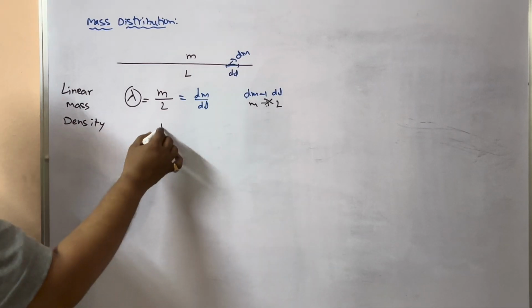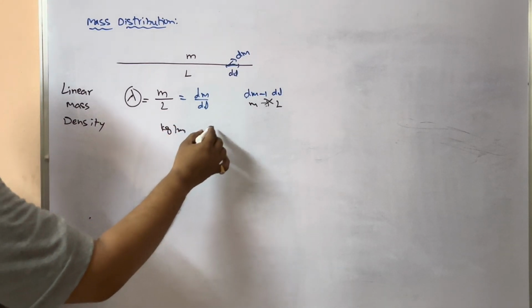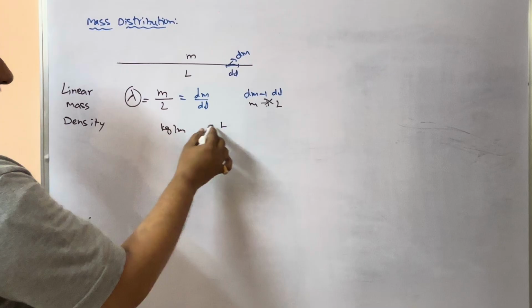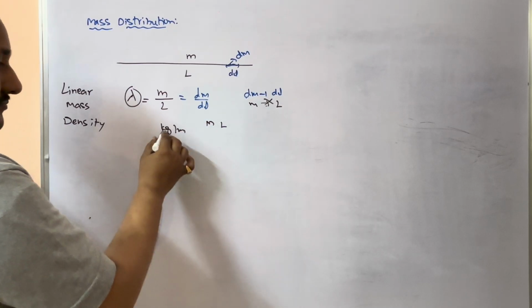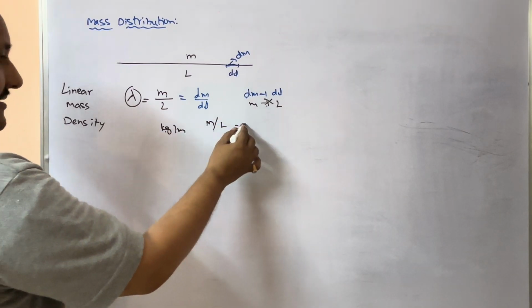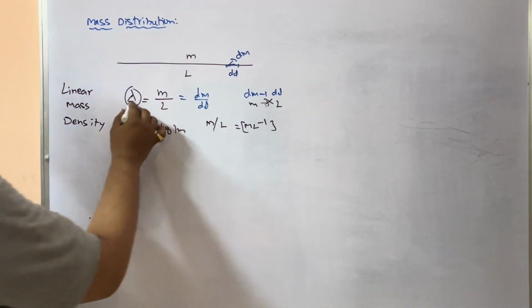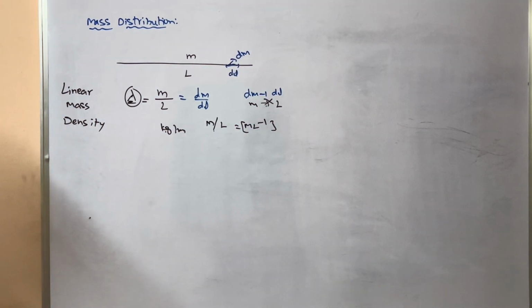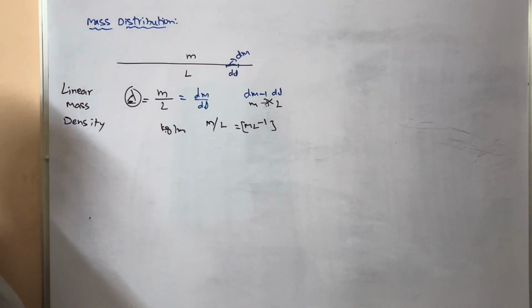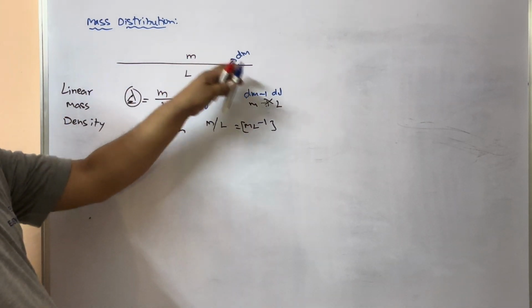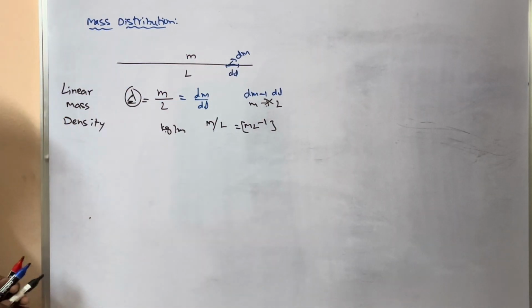What is the unit for this? Kg per meter. Dimension formula: kg means M, length means L, so M L power minus 1. This is the dimension formula for linear mass density. Who will have this linear mass density? A wire, which has negligible area of cross section, only length.